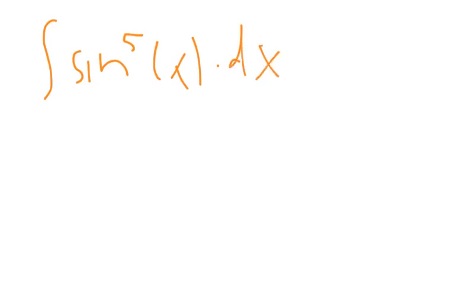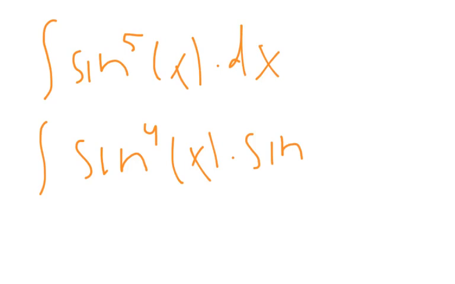If you happen to find something like this, especially if it's an odd power, what you do is split this off so that we've got sine to the fourth of x times sine of x dx.